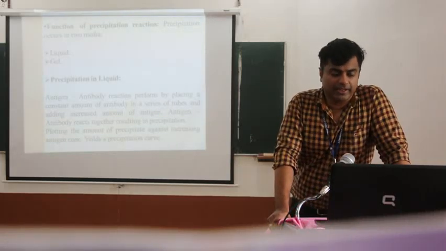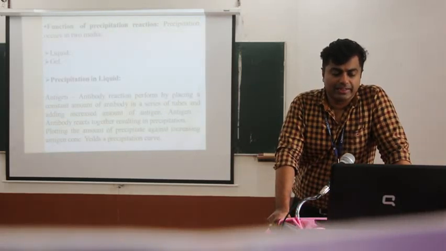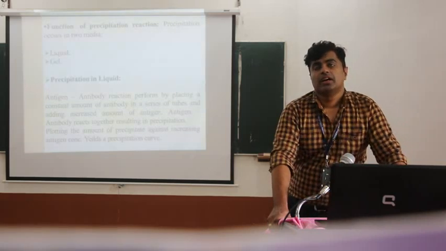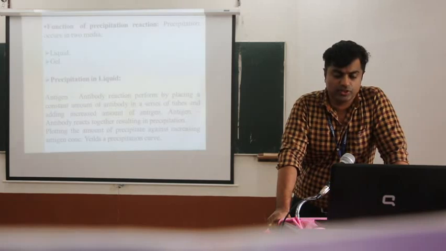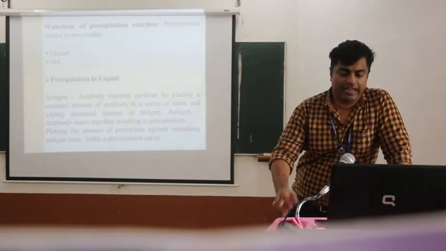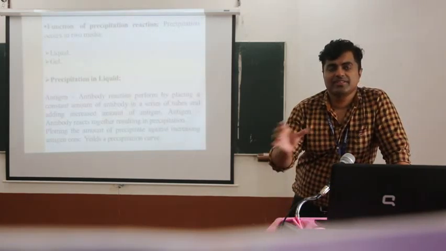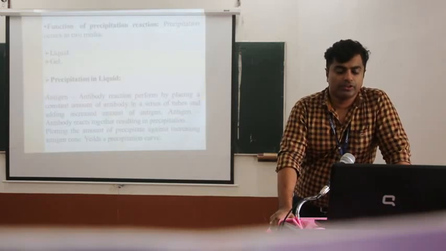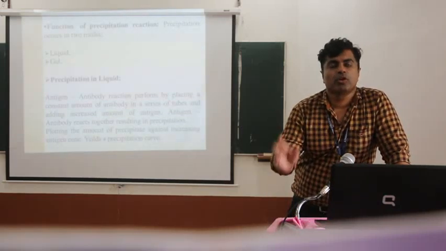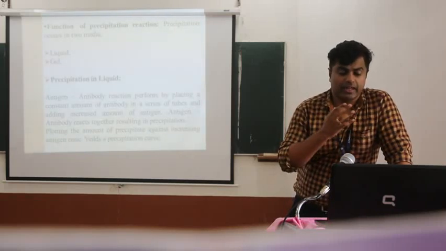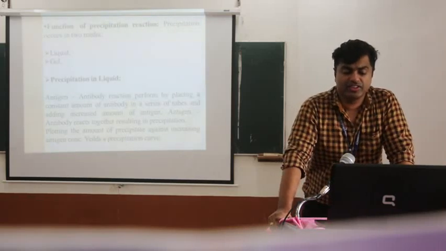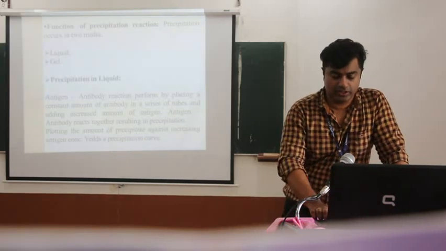In the case of liquid media, we perform the reaction by placing a constant amount of antibodies in a series of test tubes and reacting them with increasing amounts of antigens. The antigens and antibodies combine together to form a precipitate. When we plot a graph with the amount of precipitate against increasing antigen concentration, it gives a precipitation curve.